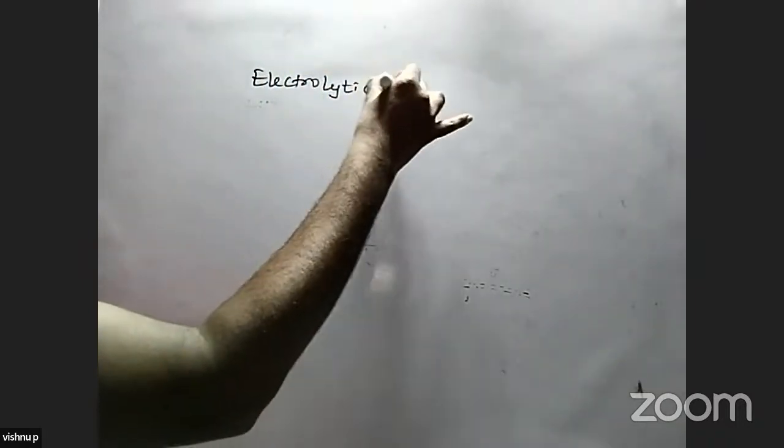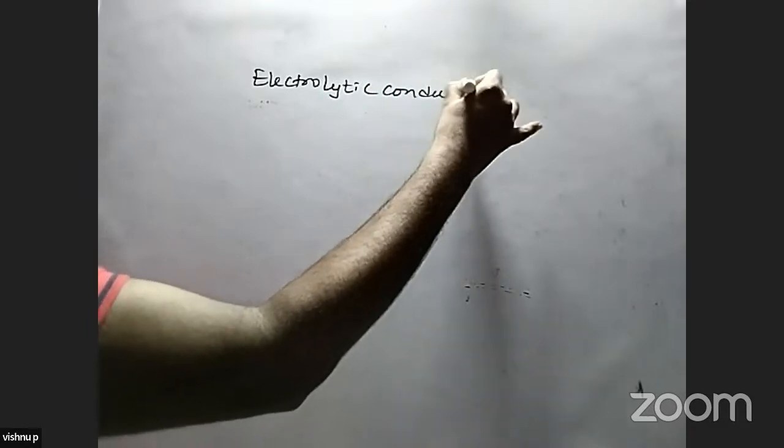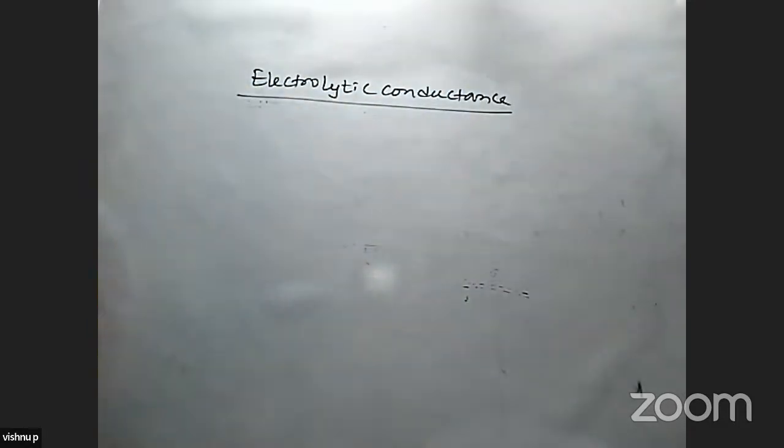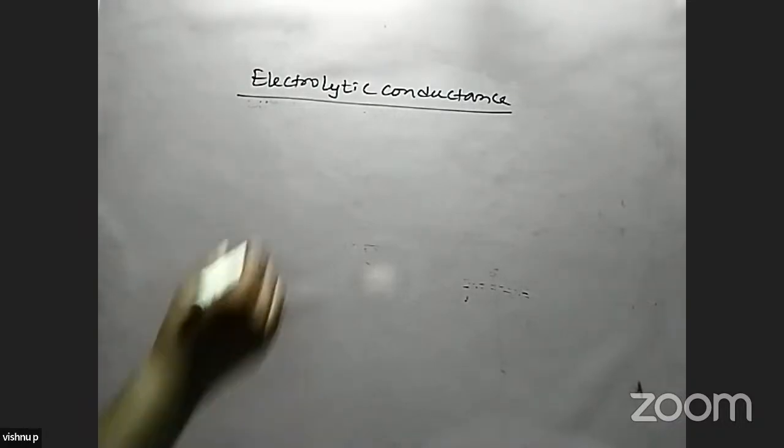And next, we'll discuss conductance. The next concept is conductance, called the electrolytic conductance. A conductor means a medium which allows flow of electrons. So we'll discuss electrolytic conductance and also electronic conductance.